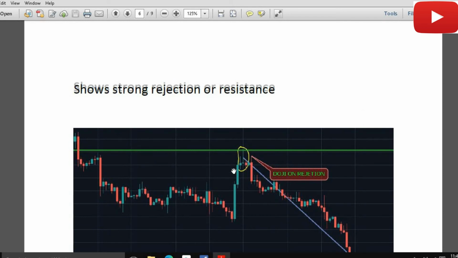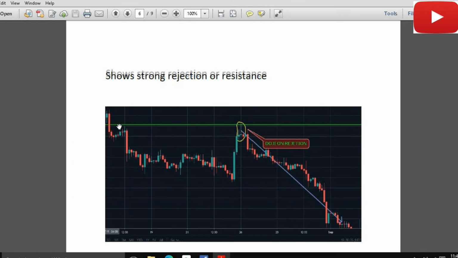Here you are seeing a doji on rejection, doji, and resulted into a sell. A doji resulted into a sell, long shadow, short body, rejection, resistance. Right.